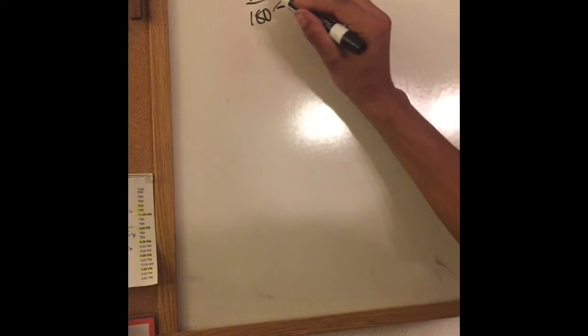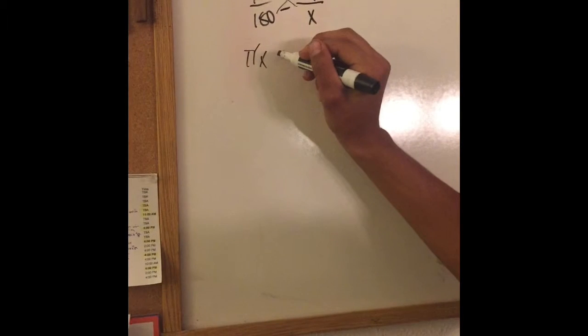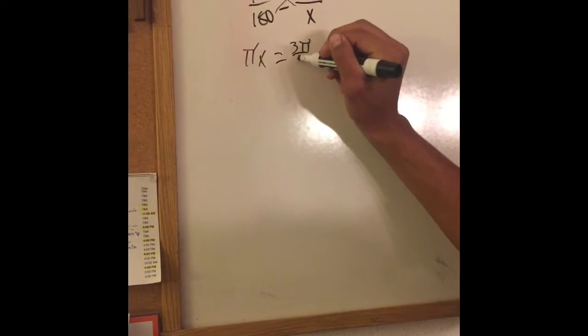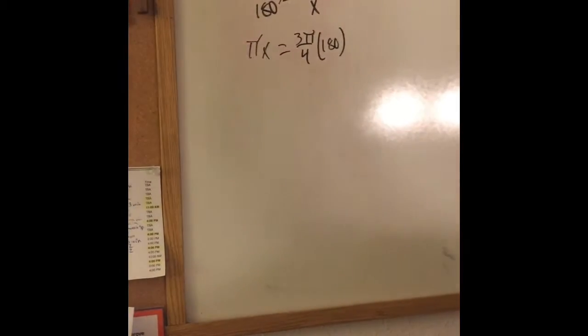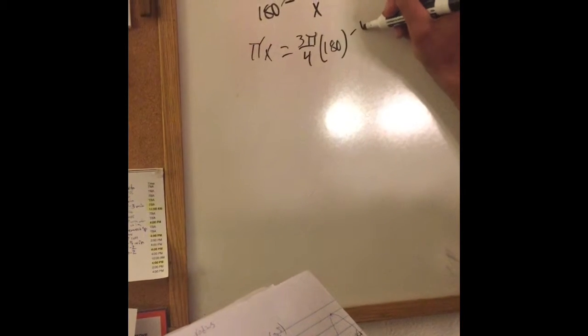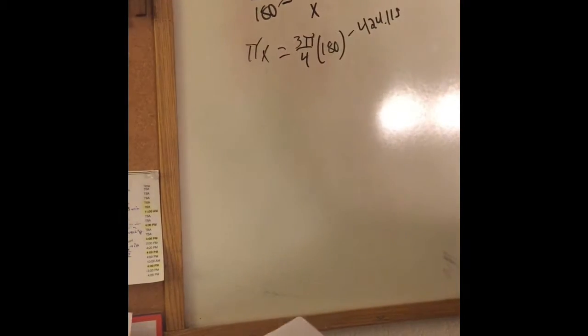So you cross multiply, and we end up with pi x is equal to 3 pi over 4 times 180. I'm going to leave it like that right now, but that is actually equal to 424.115 as a rounded number.